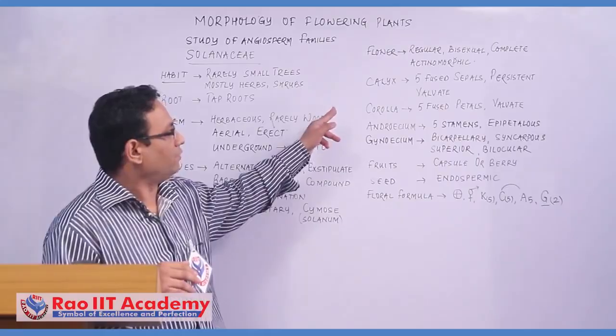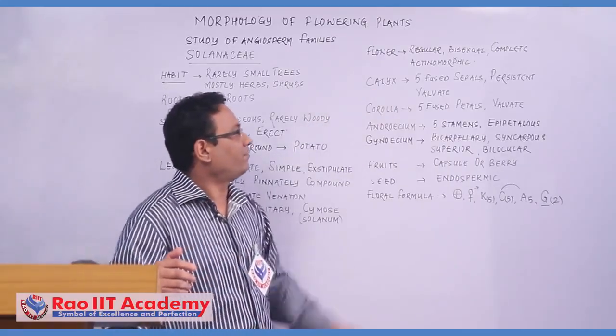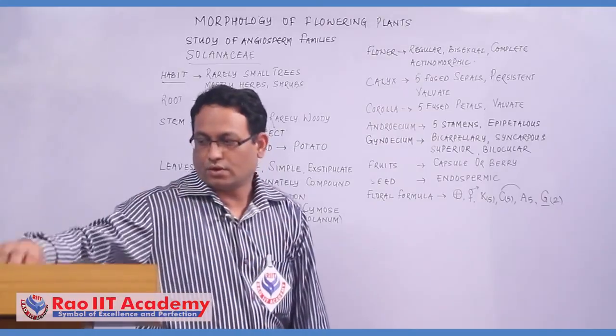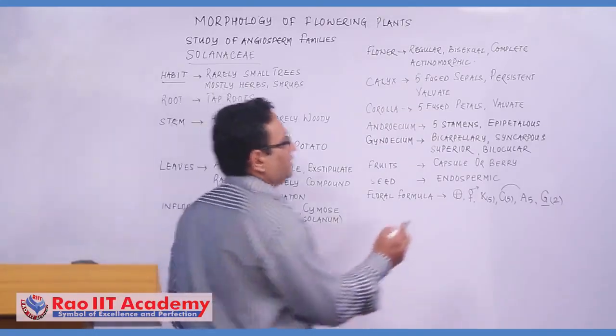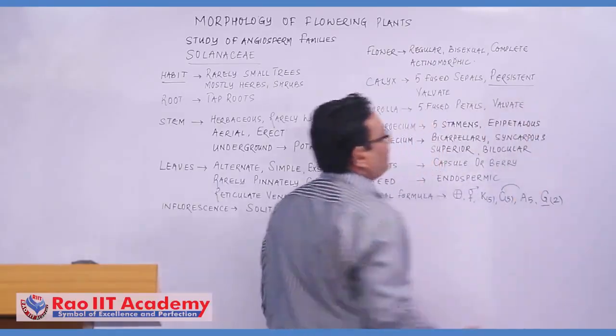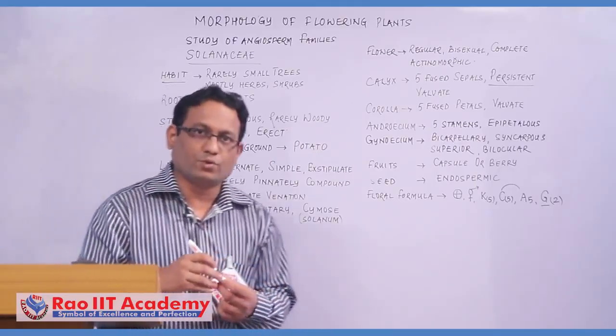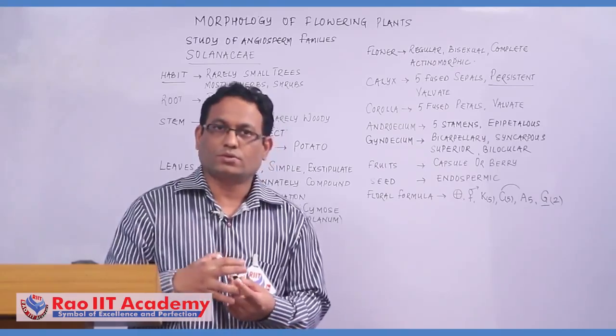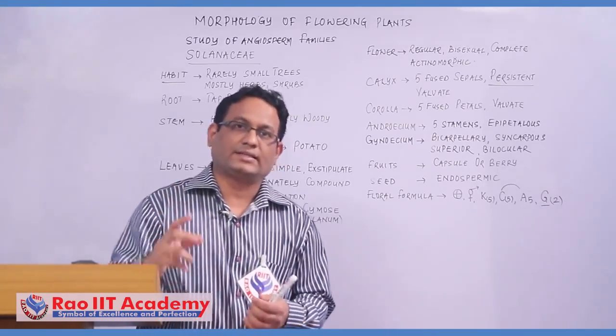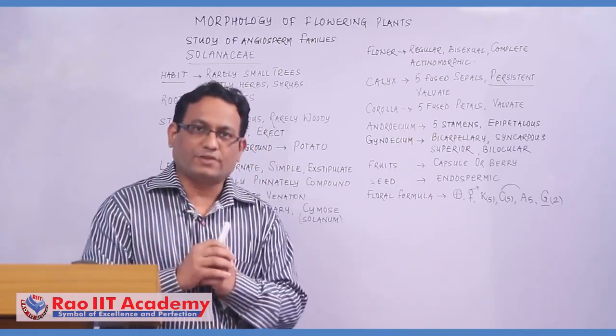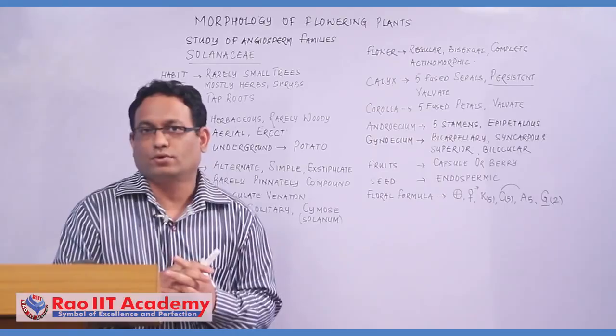Now, in this flower, we will have a calyx with 5 fused sepals. Here we come across a distinctive feature of this family, which is the presence of a persistent calyx. If you observe fruits like brinjal, tomatoes and chilies, you will realize that they have a calyx attached to the fruit.